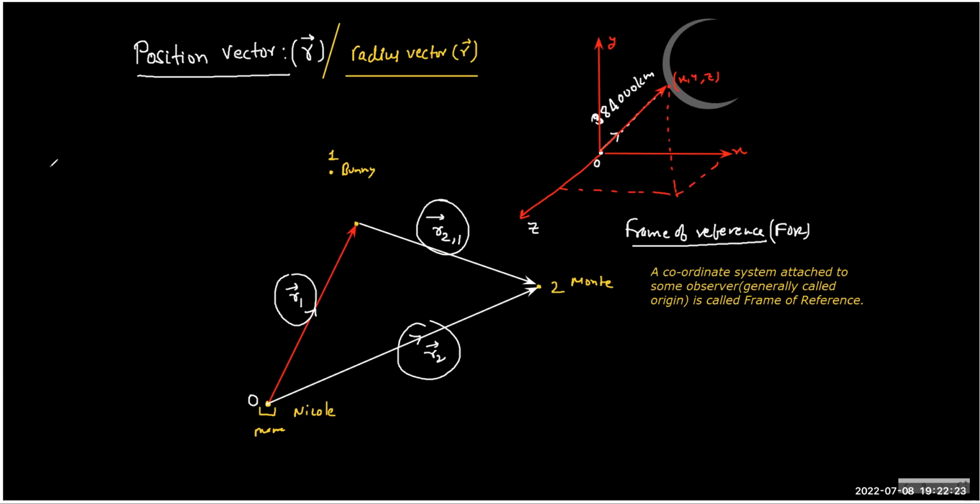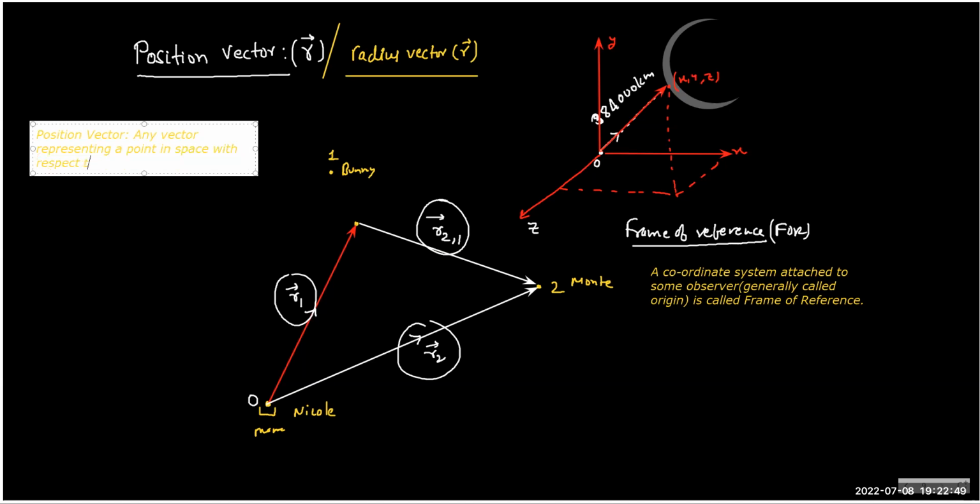So note. Okay, let me put a definition. I mean, I have a space, I can use it. Position vector: any vector representing a point in space with respect to origin.